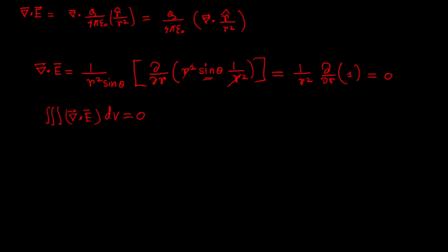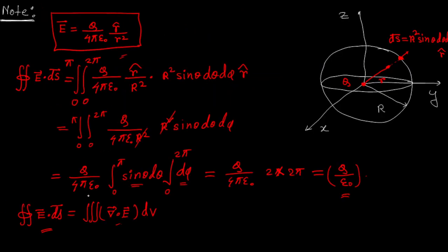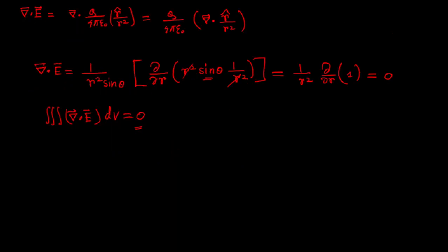But why are we getting 0? Either this statement, the Gauss divergence theorem, is not correct, or we made some mistake here.